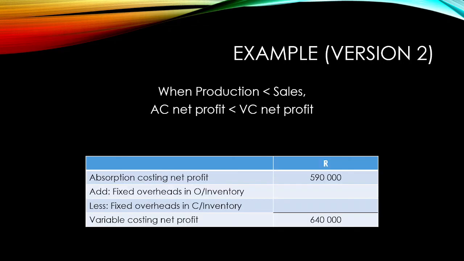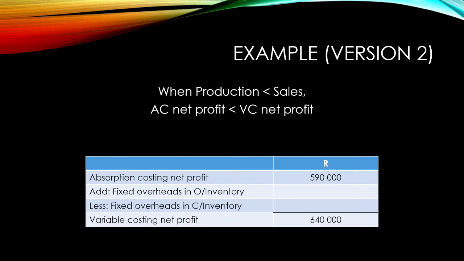To reconcile our net profits, we can fill in our absorption costing and variable costing net profits. Again, we will work from absorption costing to variable costing, so we need to ask how our fixed costs would have been treated differently. For opening stock, remember that absorption costing would have expensed the fixed overheads in the current year when the units are sold.